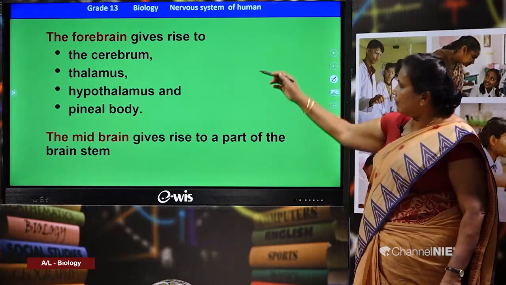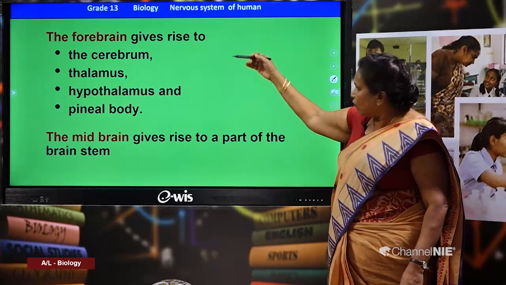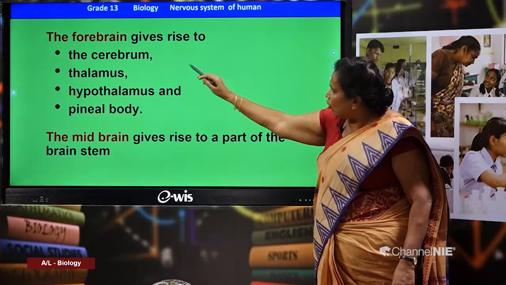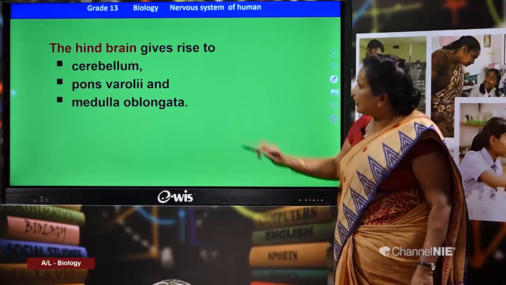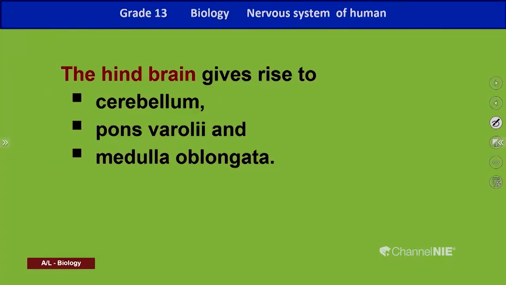Now this is for your further understanding. Forebrain gives rise to the cerebrum, thalamus, hypothalamus, and pineal body. Midbrain gives rise to a part of the brainstem. The hindbrain gives rise to cerebellum, pons varoli, and medulla oblongata.